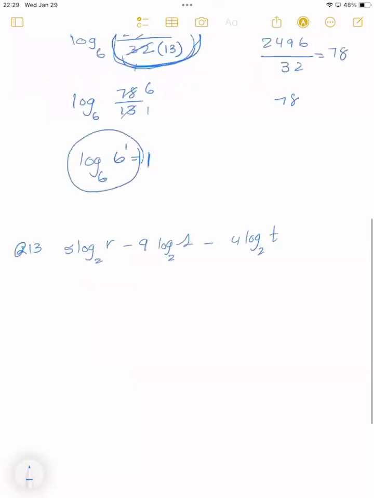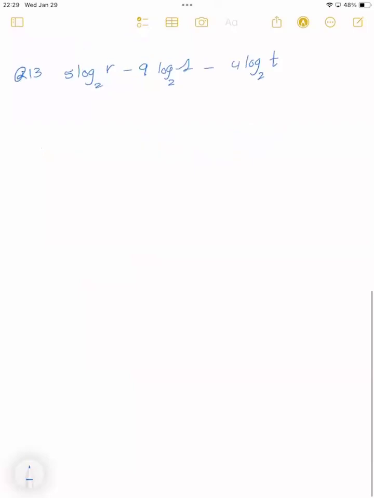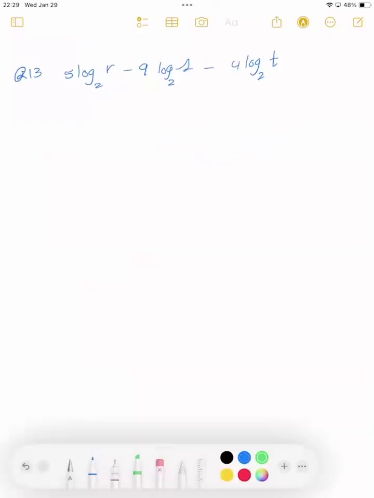So the next question is question 13. We have 5 log base 2 r minus 9 log base 2 s minus 4 log base 2 t. You can only use the properties we stated if these coefficients are 1.